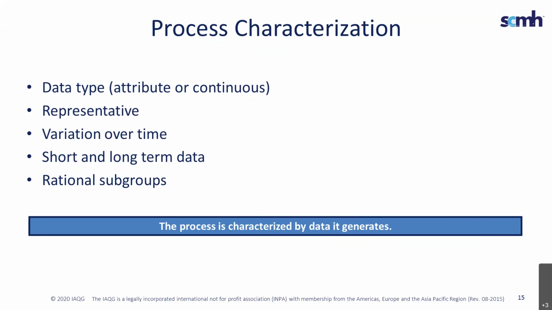Is the variation over time understood? And how many samples do I need to take to understand that variation over time? That's going to give me information on the short and long-term variation that I'm going to see of that data, and that's the data I'm going to collect. And one last little bit of process characterization is rational subgroups. What are rational subgroups and how do we use them? Right. Overall, the process is characterized by the data it generates, and we're going to be going through each one of these areas on the next few slides.